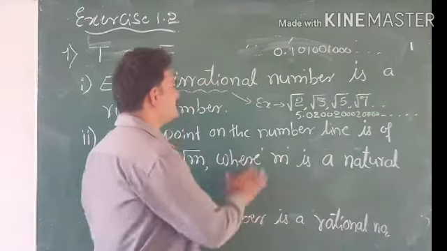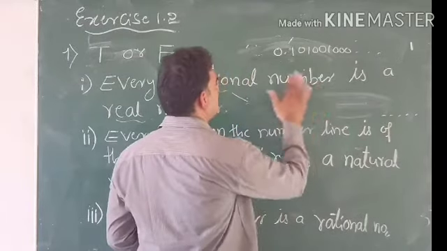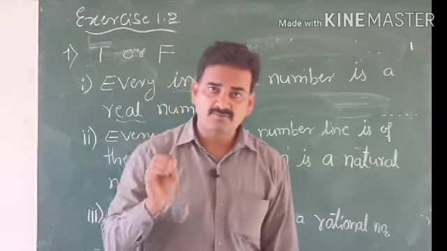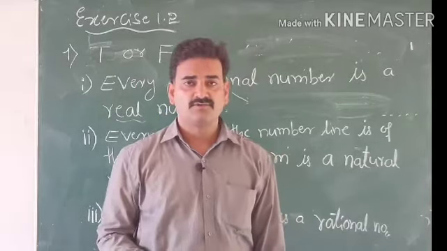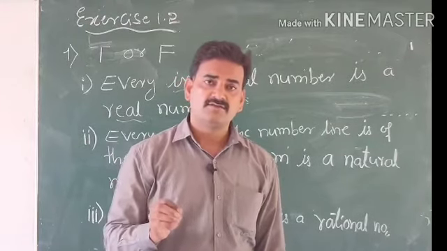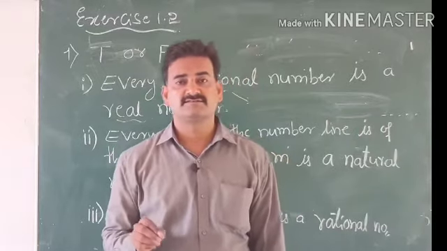Now you understood what is an irrational number. Irrational number means which are not in the form of P by Q. They are non-repeating, non-terminating decimal expansions.